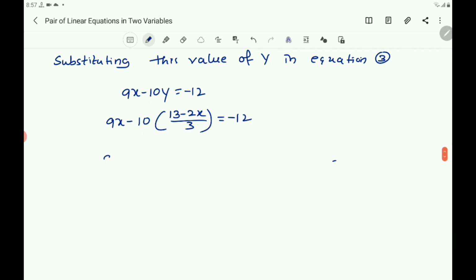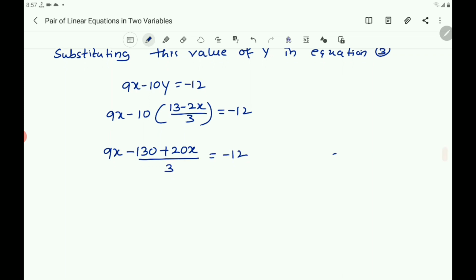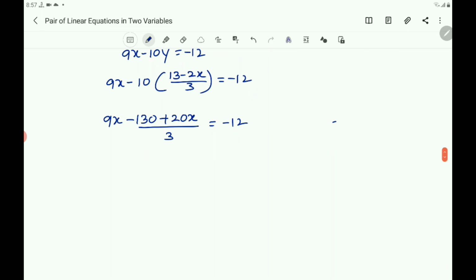Then it becomes 9x, and minus 10 into 13 is minus 130, and minus 10 into minus 2x is plus 20x by 3 equals minus 12. Next, you take the LCM.